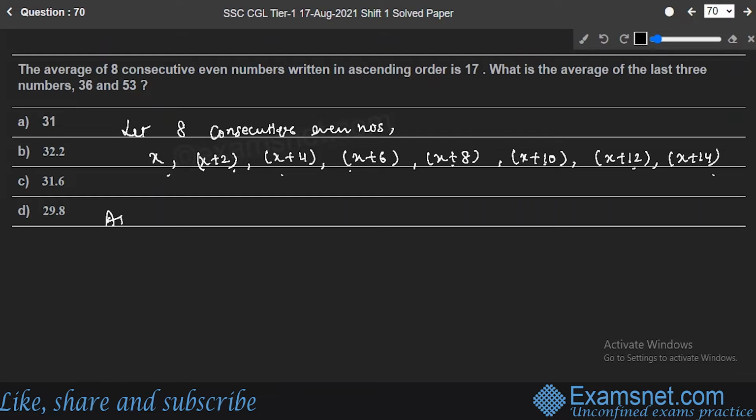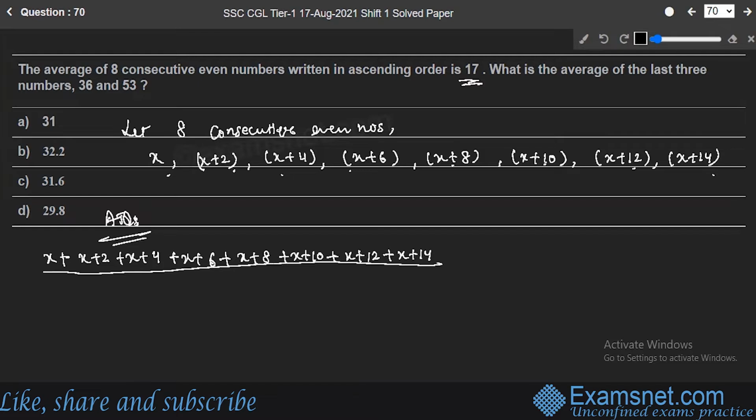Now, according to the question, the average of the 8 consecutive numbers is 17. So that means x plus 2 plus x plus 4 plus x plus 6 plus x plus 8 plus x plus 10 plus x plus 12 plus x plus 14, whole divided by 8, is equal to 17.